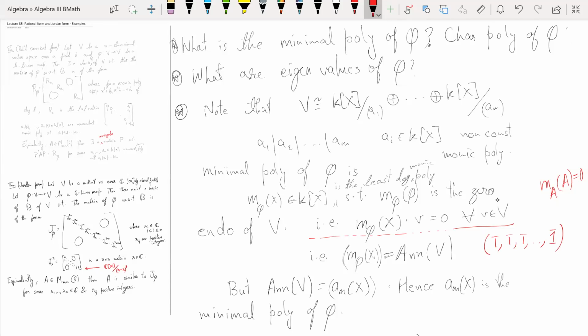If r times this is 0 in the right hand side, so this is a zero vector, like 0, 0, 0, 0, then that means that r is in the ideal generated by a1, r is in the ideal generated by a2, up to r is in the ideal generated by am. So that tells you that r is in the ideal generated by am. So that gives us that this is actually an equality. So the annihilator of V as a k[x]-module.